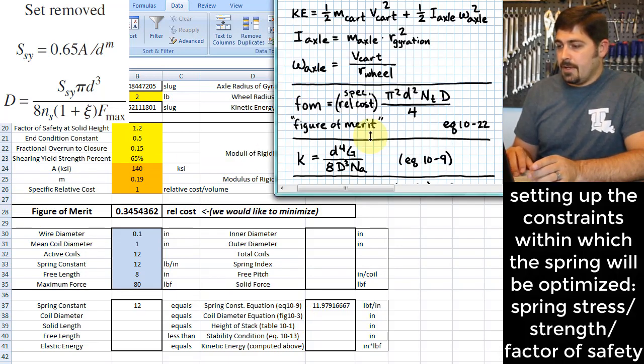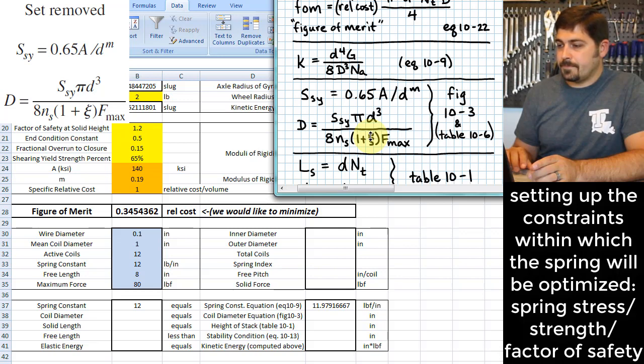First of all, the yielding strength in shear can be calculated using 0.65 times this A over D to the m. So we can just put that in for the shearing strength.